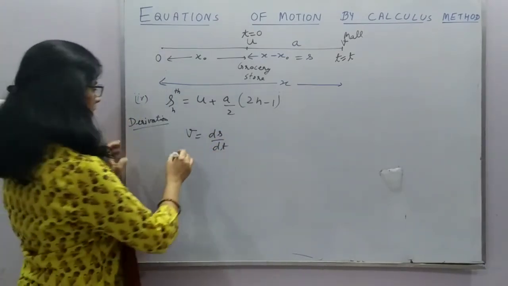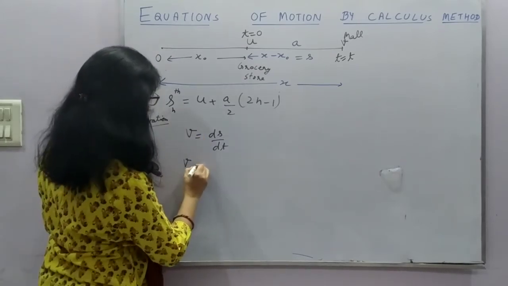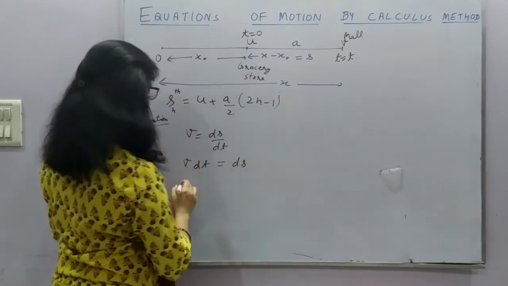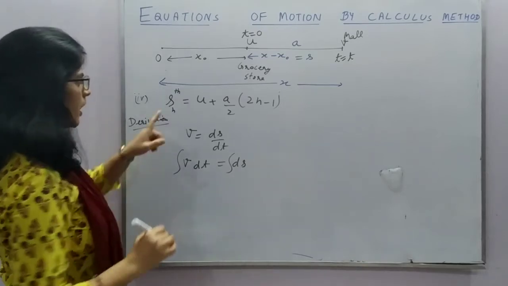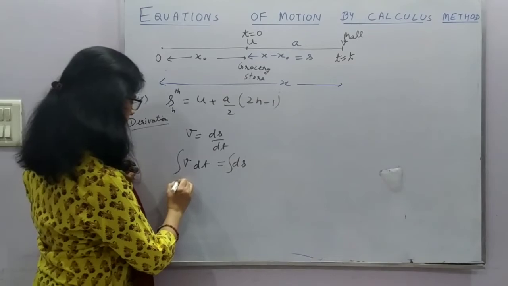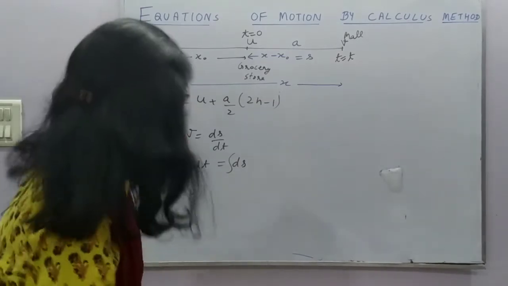So if I take this, v dt is equal to ds, right? And integrate on both the sides, right? I don't want final velocity here, so I can write v is equal to u plus at from equation 1.